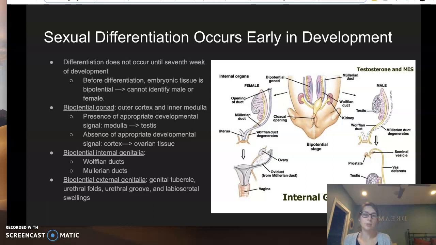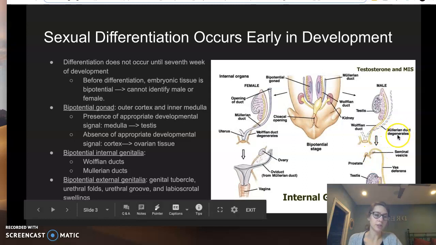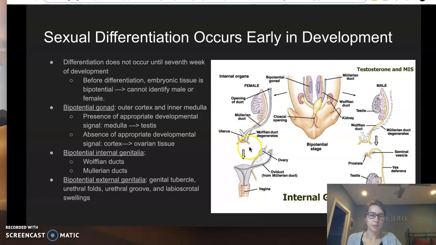And so here we have a picture of the internal genitalia, and you can see how the bipotential gonad, depending on if it develops as a male or a female, will change. So in the male, the Wolffian duct continues to develop into the testes, and the Mullerian duct degenerates. And in the female, the Mullerian duct continues to develop into the ovaries, and the Wolffian duct degenerates.